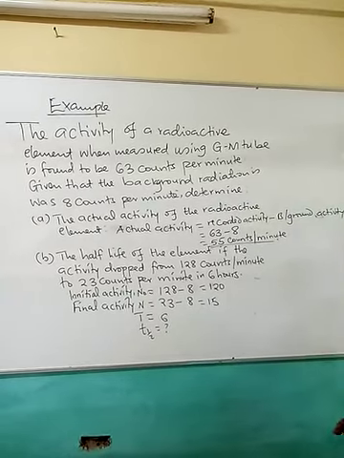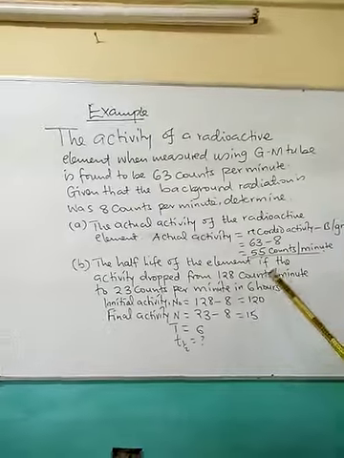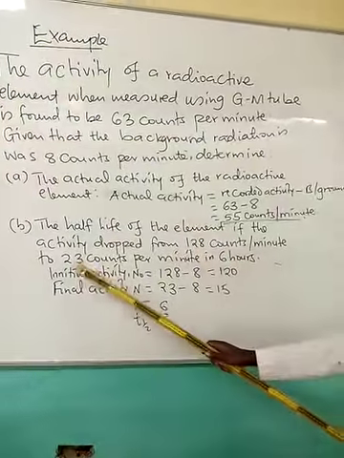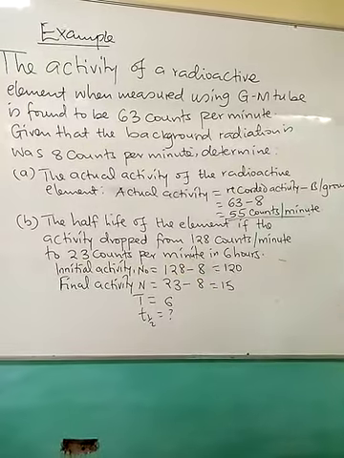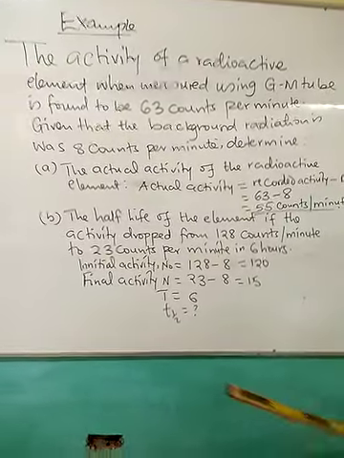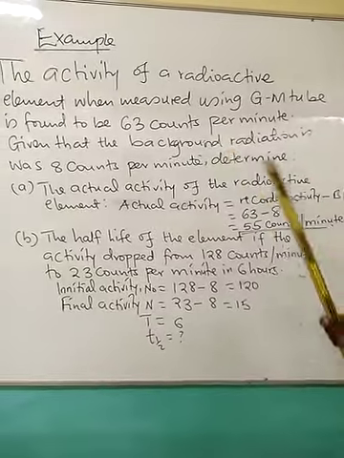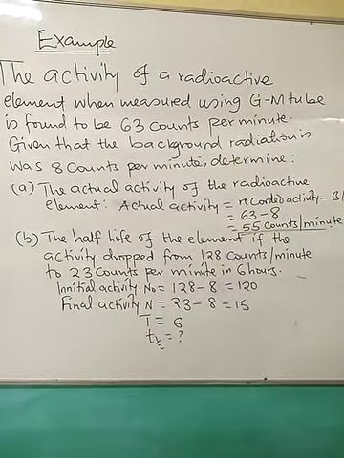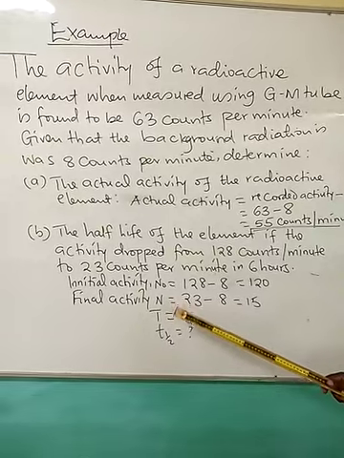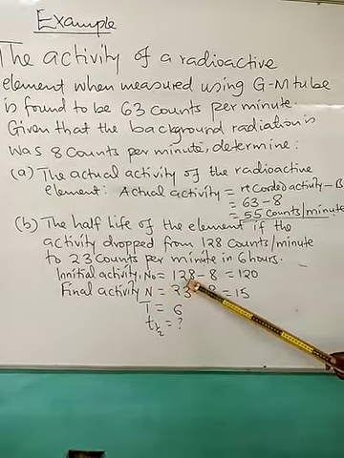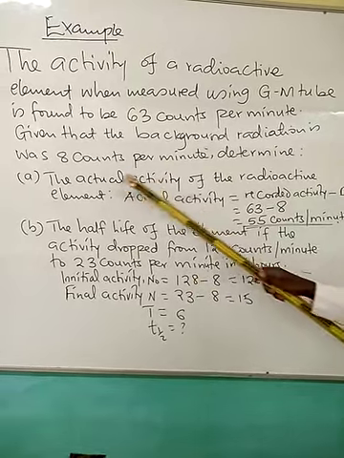Part B, the half-life of the element if the activity dropped from 128 counts per minute to 23 counts per minute in 6 hours. So, even these count rates given here have background in them. So to get the correct ones to use, the initial activity, which we represent with N0, will be 128 minus the background radiation, which is 8.